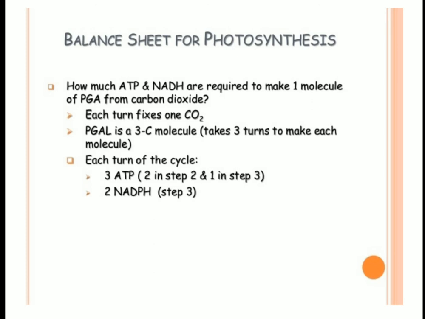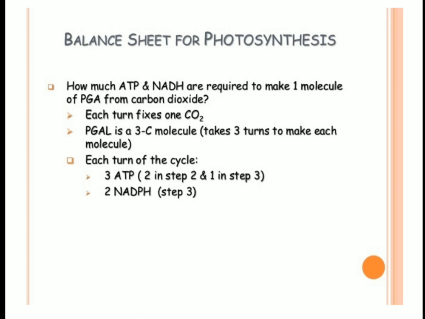Each turn of the cycle requires 3 ATPs, out of which 2 are in step 1 and 1 in step 3, as I discussed with you in the 3 steps: carboxylation, reduction and regeneration. And 2 NADPH are required in step 2.